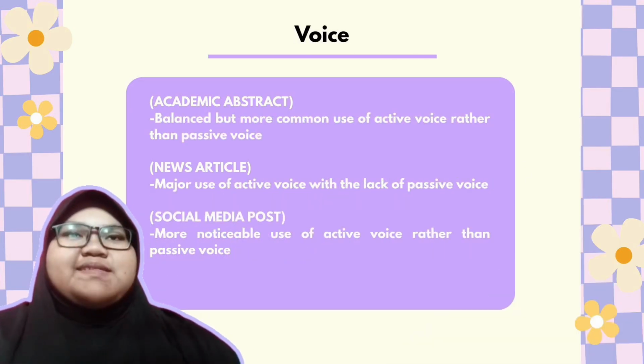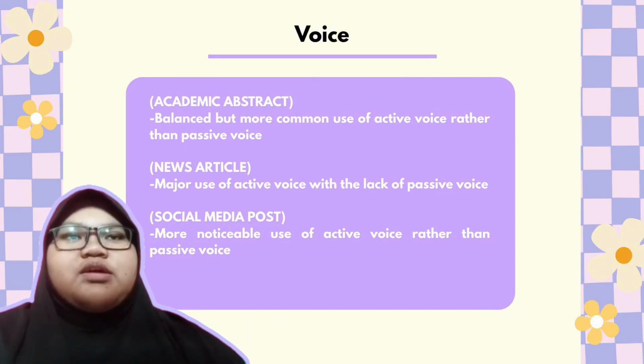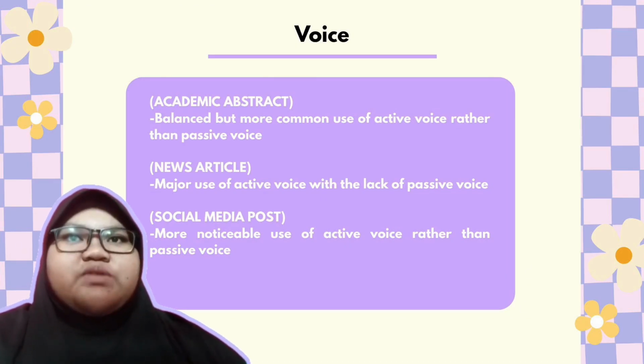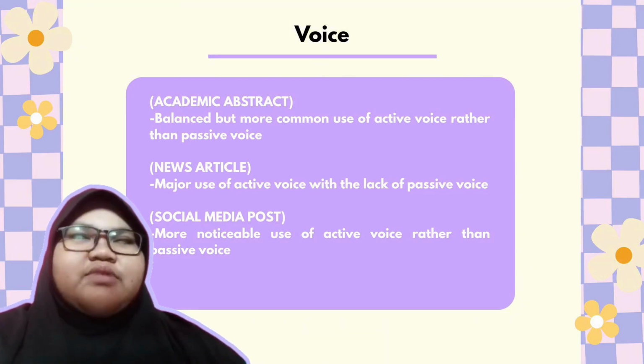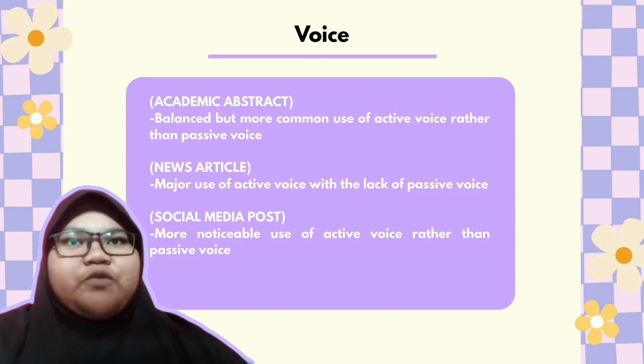Now, on to voice. Voice in grammar is the relationship between verb and subject. It indicates whether a subject is receiving an action or is performing it. In the academic abstract, the balance between active voice and passive voice is rather one-sided, with passive voice being much fewer than the active voice.